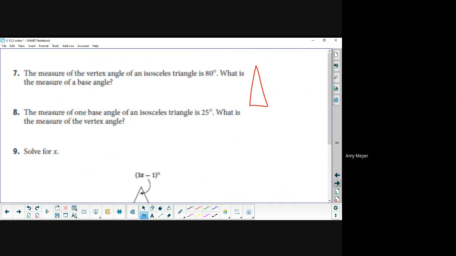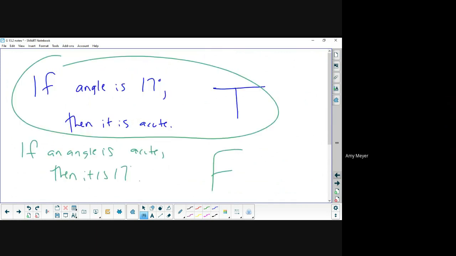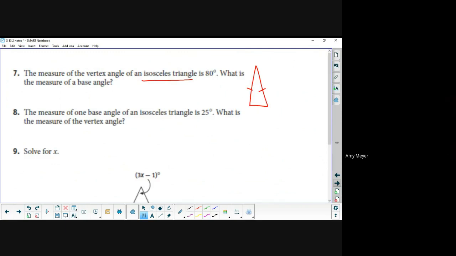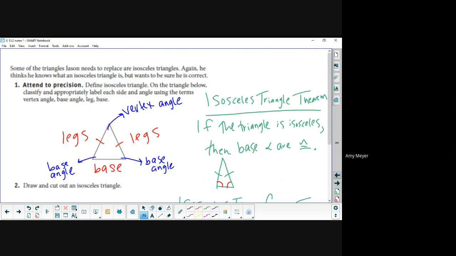I don't really know where the vertex angle is yet because I don't have much drawn. But I do know it's isosceles. So let's iso, same leg it. Give it two legs the same, isosceles. What did we just learn about if it's isosceles?